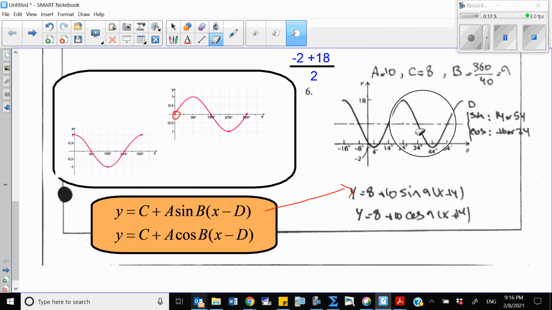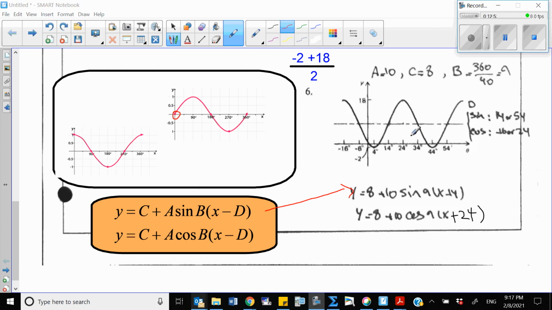Now, what if I want to write a cosine function? To find a cosine, I need to look for a function that starts from a high point. Let's look at this part. Starts from this point. This is a section that looks like a cosine.